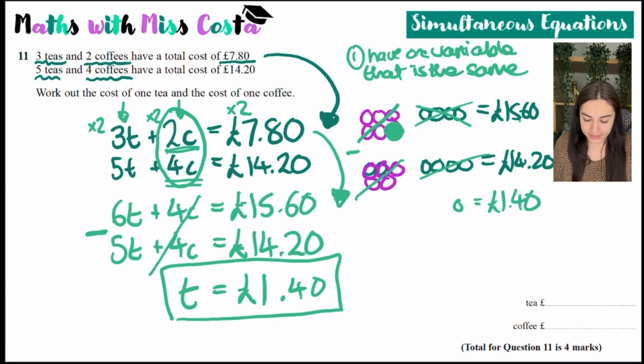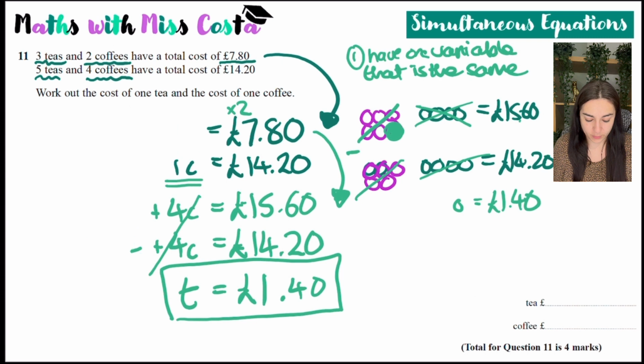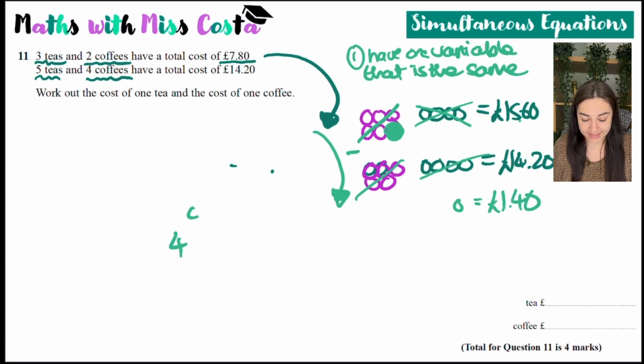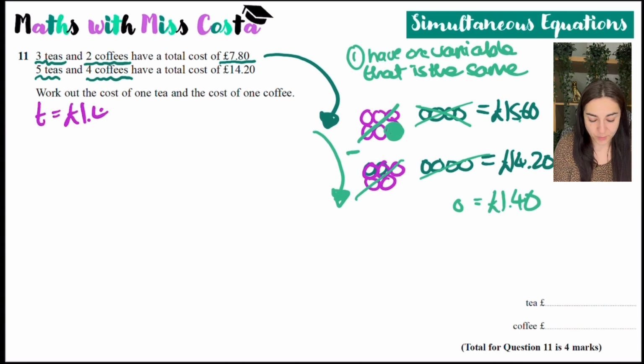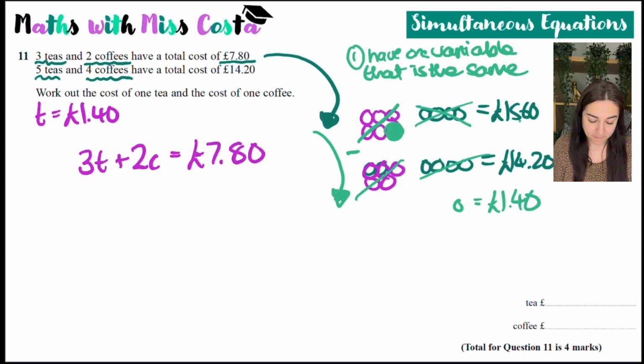Now, once you know the value of one of your variables, what you can do is substitute it back into one of the equations, and it's always better to just do the smallest one because it's just less work. So I now substitute it back into the equation.